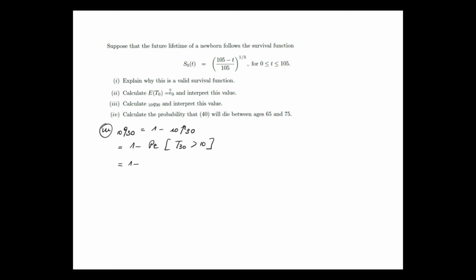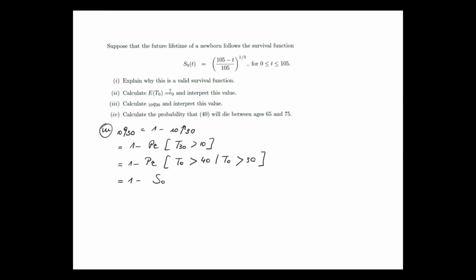And now I'm going to make the connection between my T30 random variable and my T0 random variable. So we've discussed that in the class. So given that the T0 is above 30, what's the probability that T0 will then also be above 40, right? So that's exactly the same probability, and I'm doing that because now I can use my survival function that is given for my 0-year-old, right? So now I can use that and plug it in over here. So what do we retrieve?